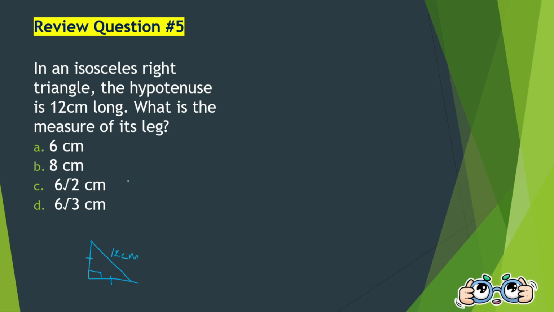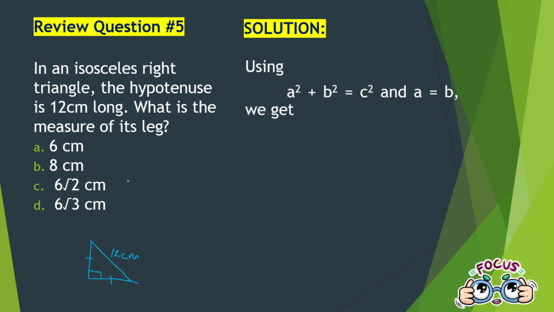Okay? So, we have the following solution. Using a squared plus b squared is equal to c squared, wherein a is equal to b. Ito po si a, at ito po si b. So, we get A squared plus A squared equals C squared. Pinalitan lang natin si B ng A since sabi nga natin A is equal to B kasi nga po sila ay isosceles. Then, solving for that, we have 2A squared.